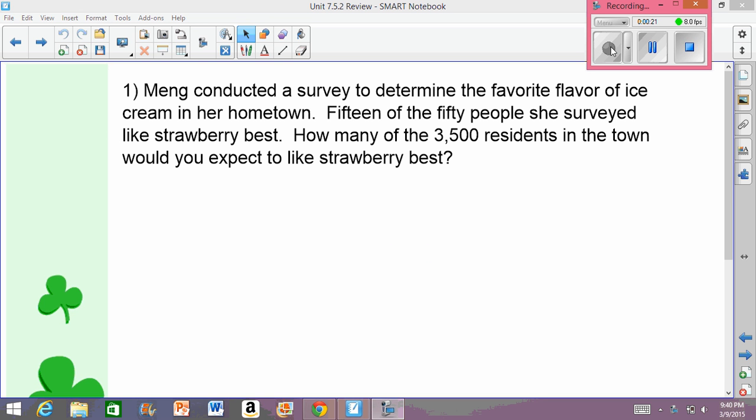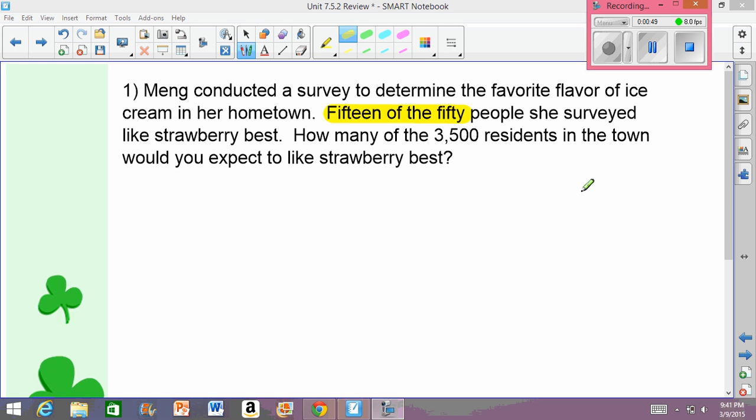Question number 1 says, Ming conducted a survey to determine the favorite flavor of ice cream in her hometown. 15 of the 50 people she surveyed liked strawberry best. How many of the 3,500 residents in the town would you expect to like strawberry best? So we're looking at a survey, and there's some important information in this survey.